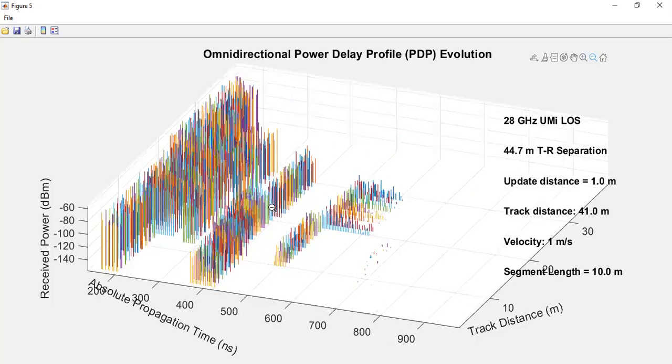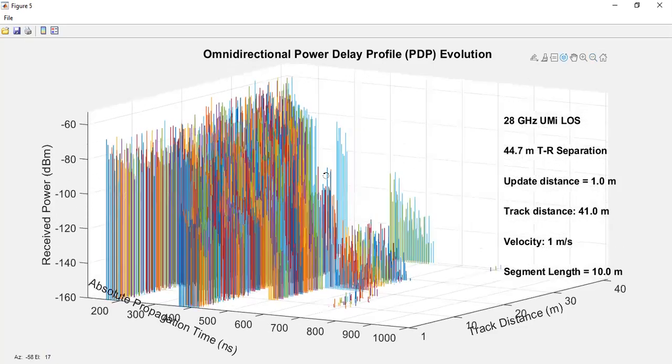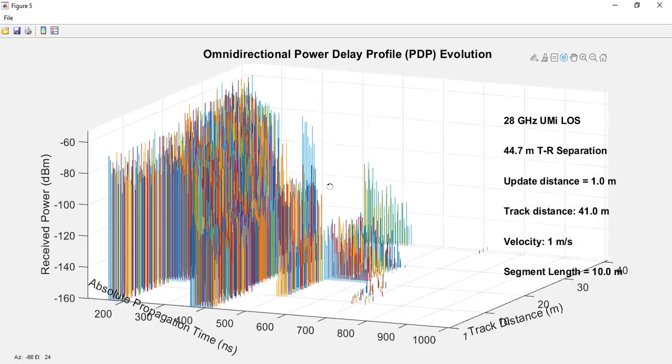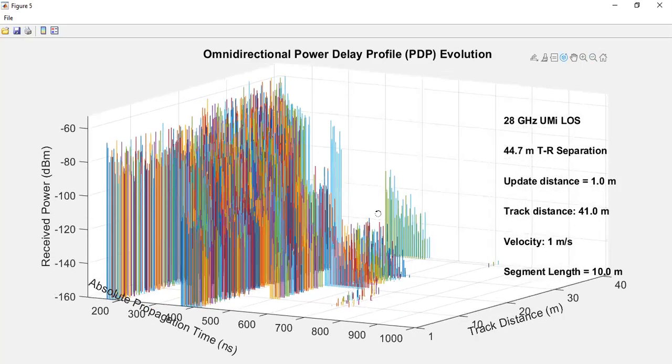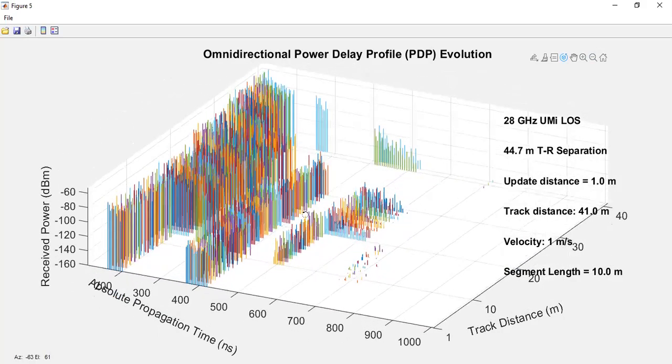Zooming in. Okay, since this particular graph includes all these values, we cannot convert it to 2D, but it's possible to check the values.